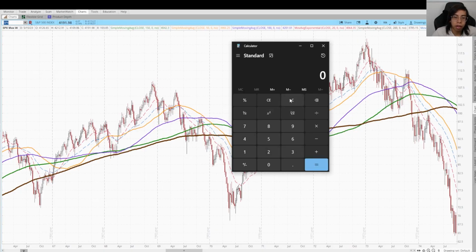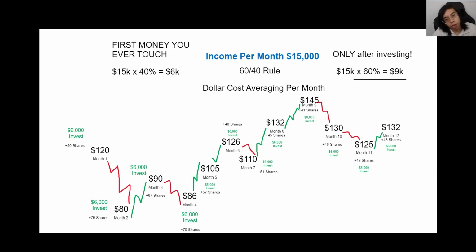Oh, okay, my bad, because that's 60% of expenses. 45,000 times 40%, so 40% will be 18,000. So you're left with $18,000 free. You would enter it on the first day of the year, or the first week, it doesn't matter. 18 divided by 101, sorry, 178 shares.